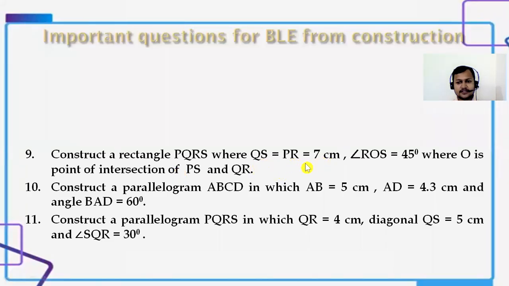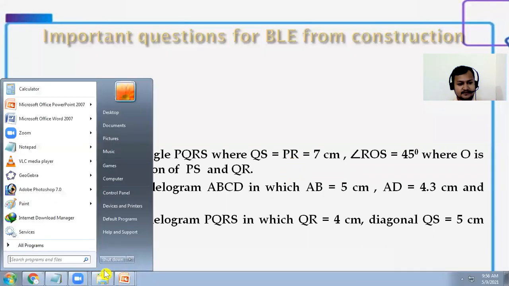QS र PR दुईटैको length 7 cm भनेर क्वेशनले भनेको छ. So at first draw a line segment. We can give name of that line segment QS or PR, anyone. यो QS र PR मध्ये जुनसुकै एउटा नाम दिए पनि हुन्छ. And then find out the midpoint of that side.